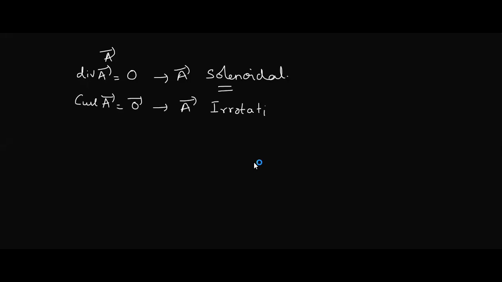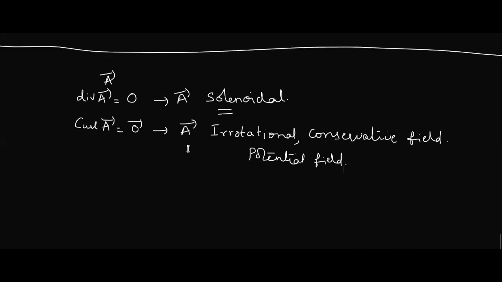It is called irrotational, or even conservative field. One more name is there, which is potential field.